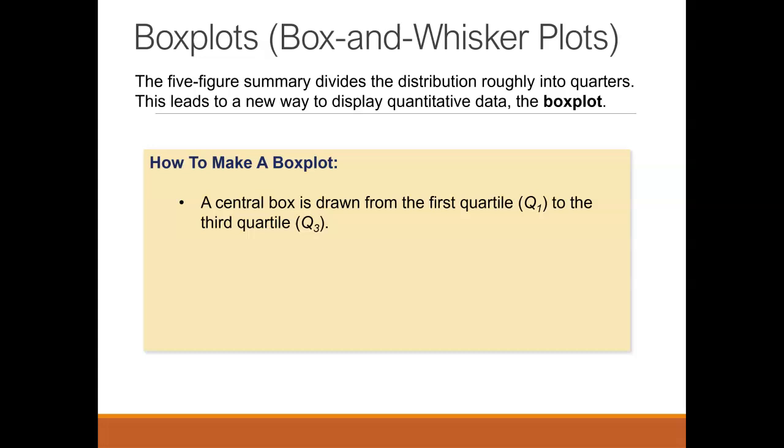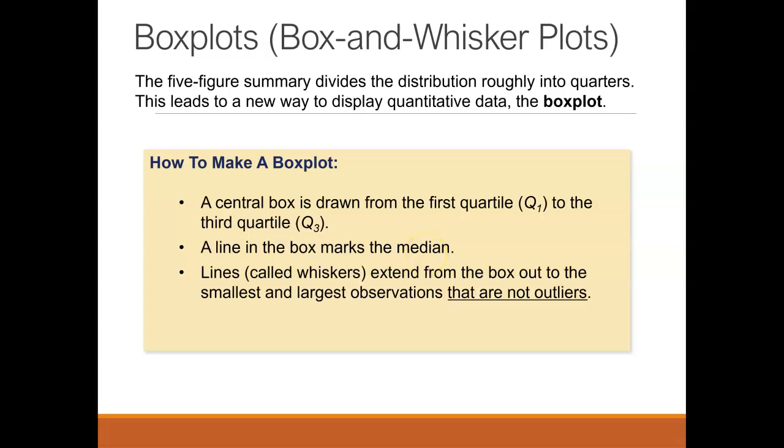So we start by drawing a box from the first quartile to the third quartile. The observations are just labeled on the x-axis, right? So we just have an x-axis. We mark a line in the middle of that box for the median, and then we draw a line from each end of the box to the minimum and maximum.